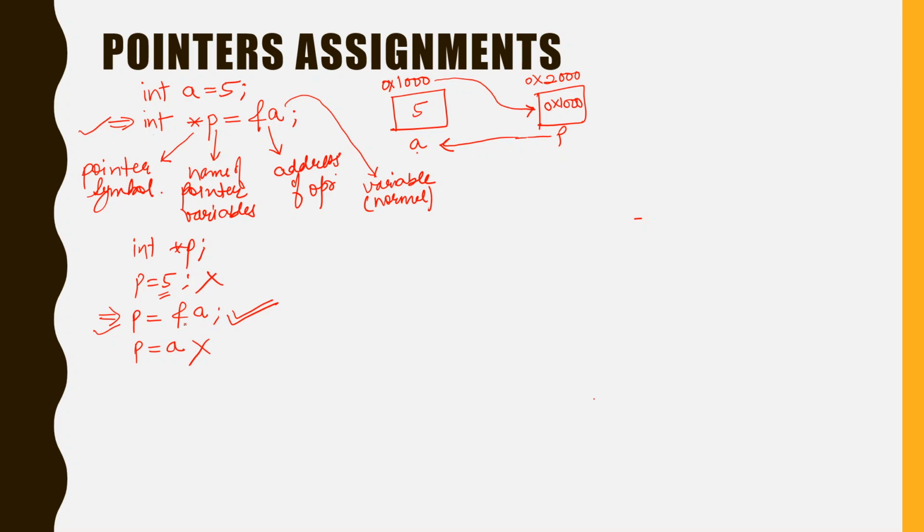You have to remember one thing: other than the declaration of a pointer variable, this address cannot be assigned directly to pointer p. Since it was a declaration statement, we used int *p = &a.